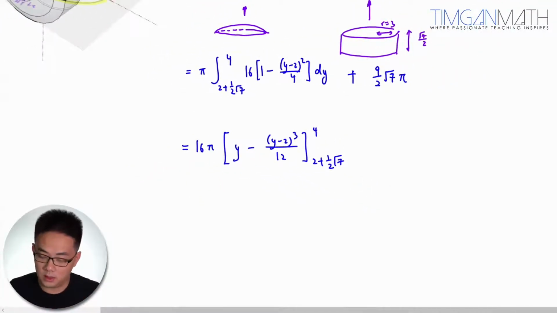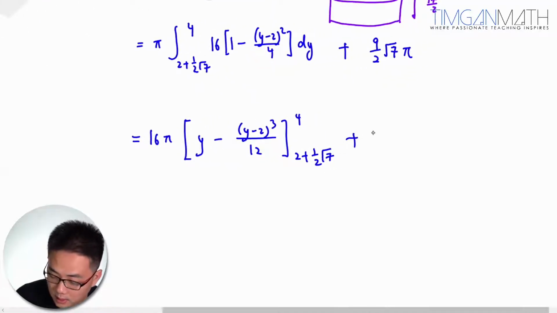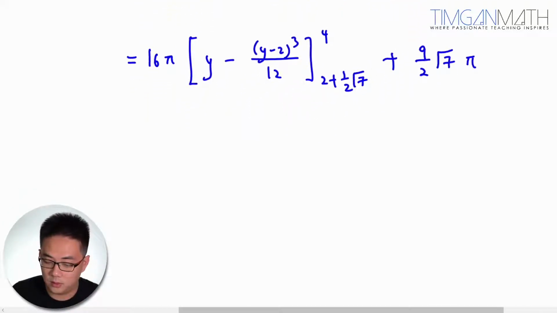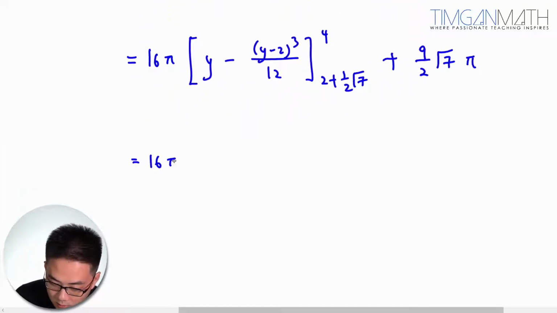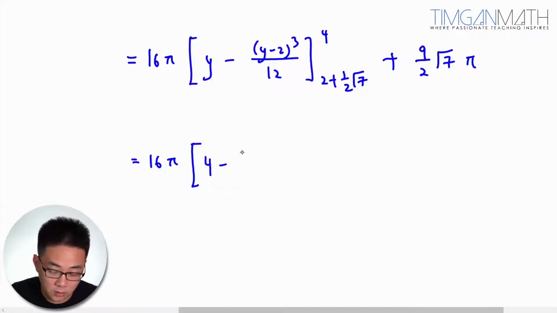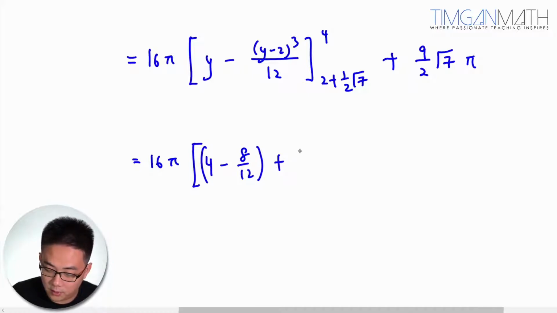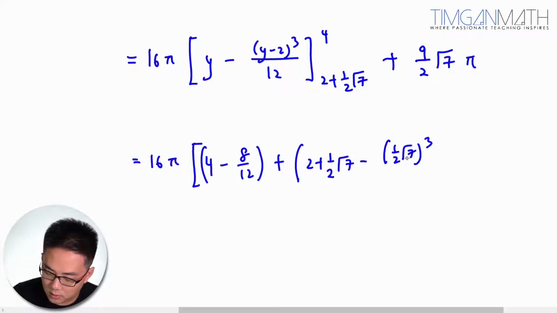Okay, so that's what you do. And since you want the exact volume, you just have to slowly do it. And you have 4 minus 2 will be 2, which is 8 over 12 for the first one. After which we have 2 plus half root 7 minus 2, so root 7 over 2 cubed over 12.